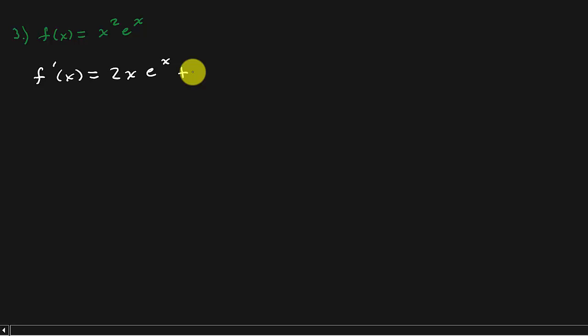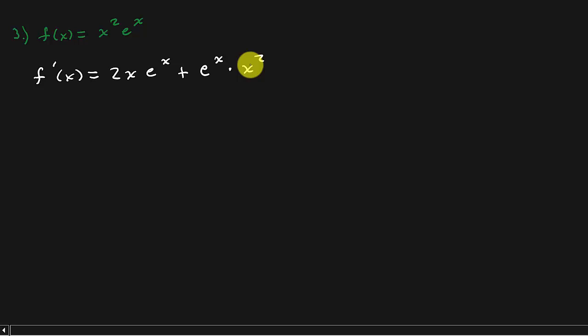Well, what's the derivative of e to the x? Remember, derivative of e to the x is just e to the x times the first function. All right, so this 2x, that's the derivative of the first function times the second function, plus the derivative of the second function times the first function.